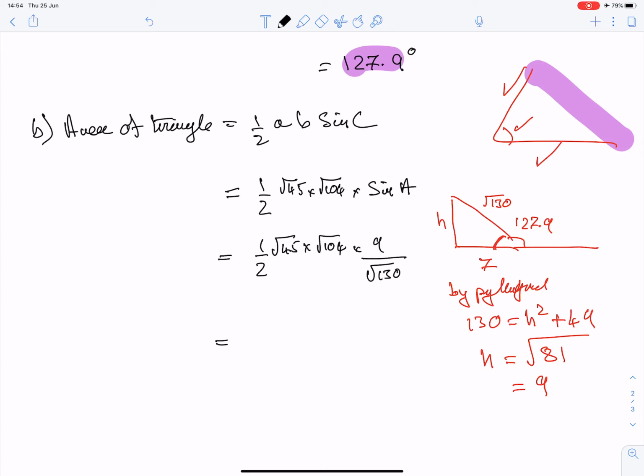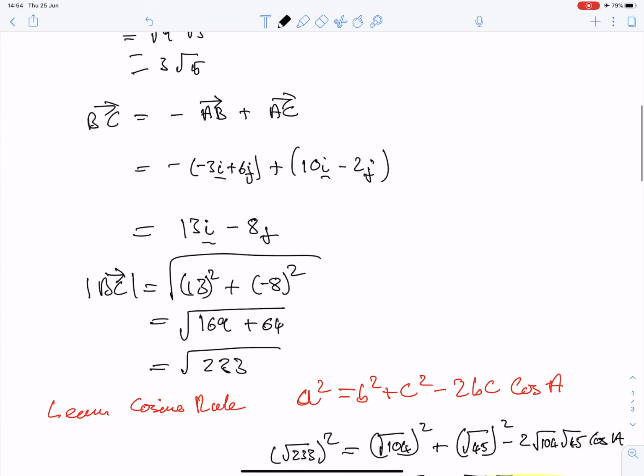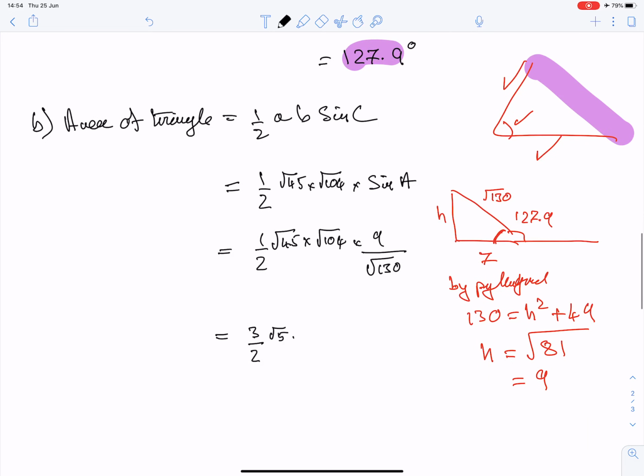Okay, so root 45 is 3 root 5, so we've got 3 over 2 root 5. Root 104 was 2 root 26, times 9 over root 130.